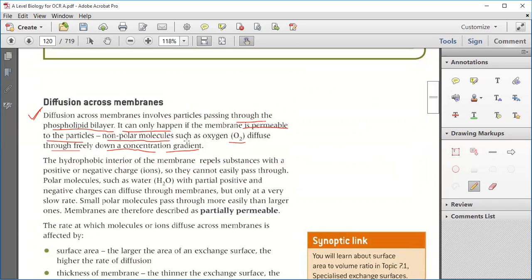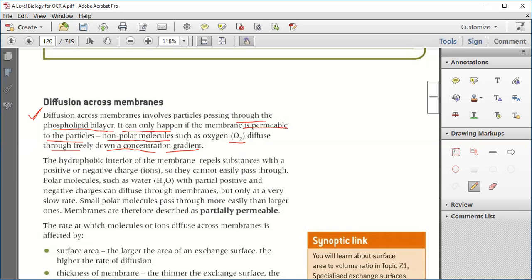Now, what it is saying: diffusion across a membrane involves particles passing through a phospholipid layer. Diffusion means that the particles are moving across a phospholipid layer. It can only happen if the membrane is permeable to the particles. If the size of the particle is small enough, then it will transfer, otherwise it will not.